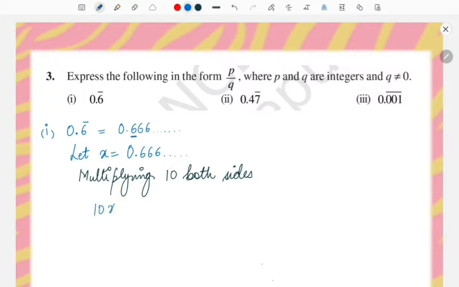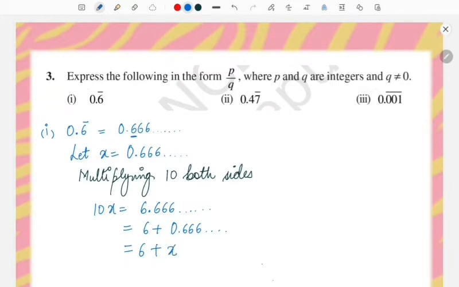So this becomes 10x is equal to 6.666 and dots, right? This can also be written as 6 plus 0.666, है ना? ऐसे भी लिख सकते हैं. Or I can write this as 6 plus x.